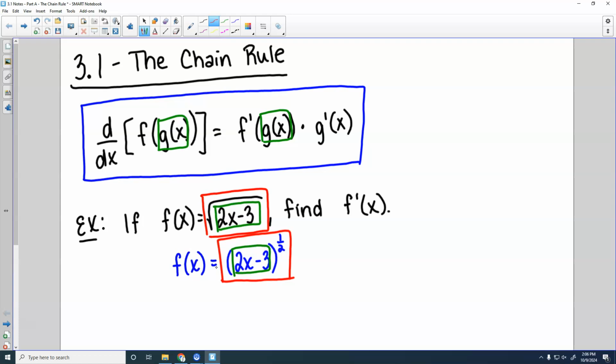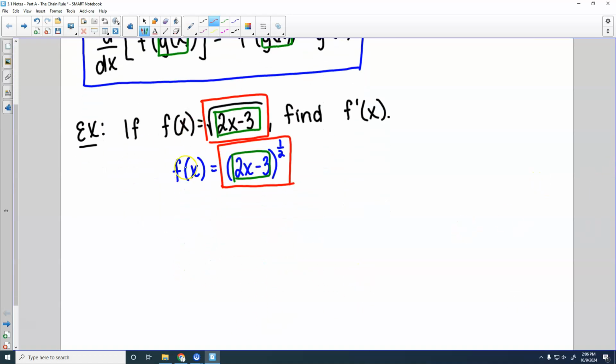Then we take the derivative of the inside of that. Most of these we're going to look at today are just going to be two boxes. But you can have chain rules inside of chain rules inside of chain rules. I don't know if I've ever seen one that had 4 levels. I think 3 is the most I've ever seen problems for. But theoretically, it could go even further than that.